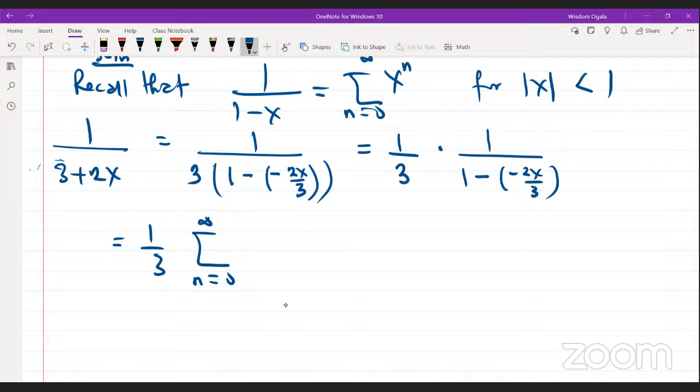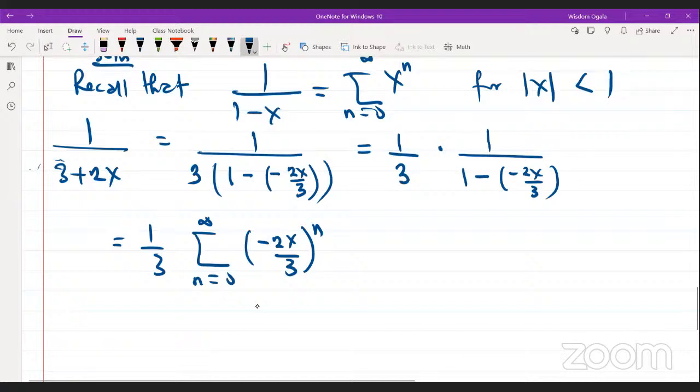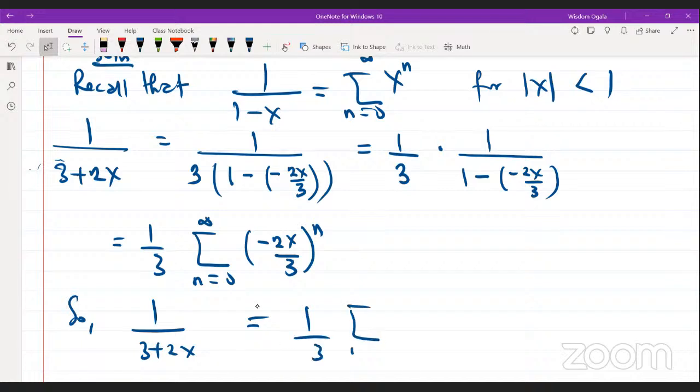This guy is really going to be a negative 2x over 3 to the power of n. Okay, makes sense. So at least the first stage, the power series is given by this guy.